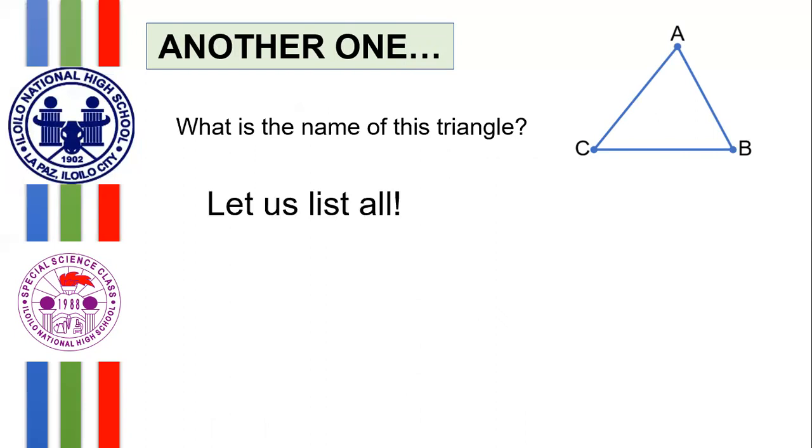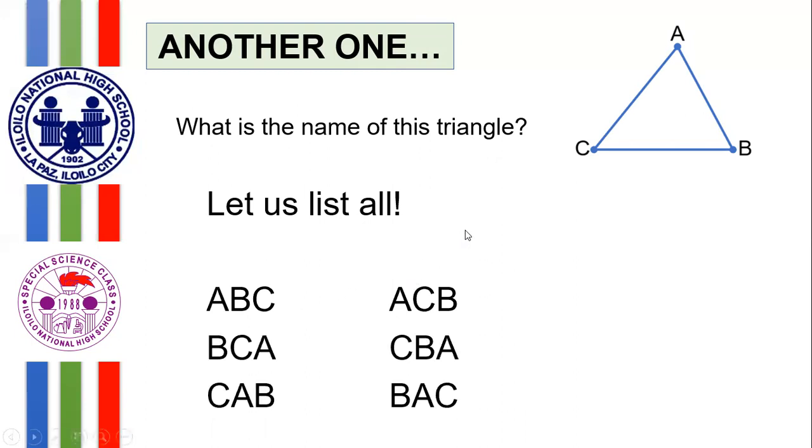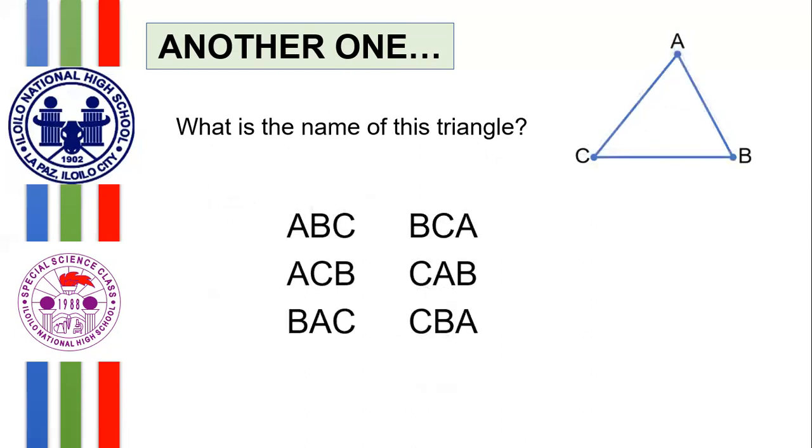So we could actually list all of them. We could go either clockwise or counterclockwise. In this particular case, if we go clockwise and start with A, you could have triangle ABC. You could also have triangle BCA.